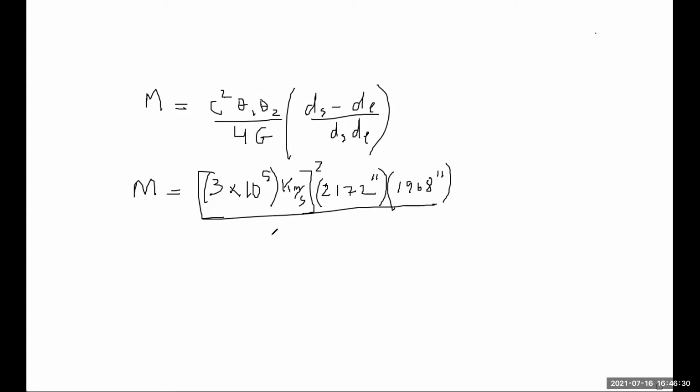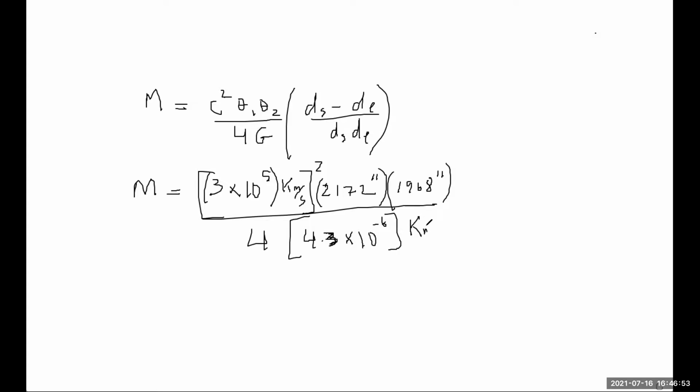And then over 4G. What was G? Remember, it was 4.3 times 10 to the minus 6. I think they said 4.5 times 10 to the minus 6. You could use either this 4.3 or the 4.5. And that was in units of what?